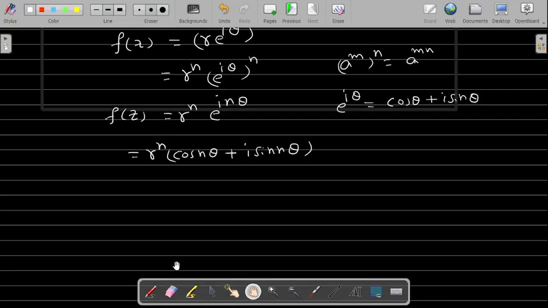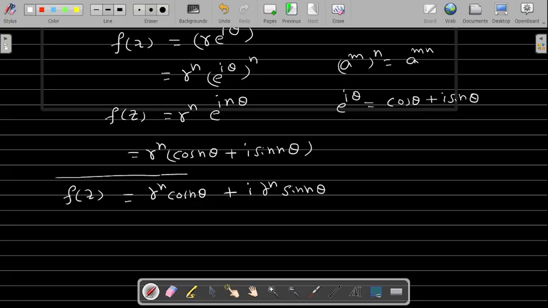Multiplying r power n, this is r power n cos n theta plus i into r power n sin n theta. This is your f of z.